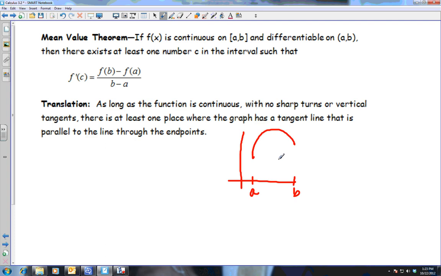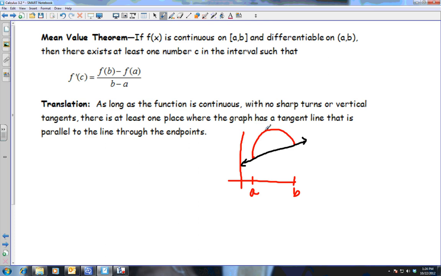Here's what they're saying. I can connect my 2 endpoints with a line, and this would actually be a secant line. So there's my secant line. It's saying that there's at least one place where the graph has a tangent line that is parallel to the line through the endpoints.